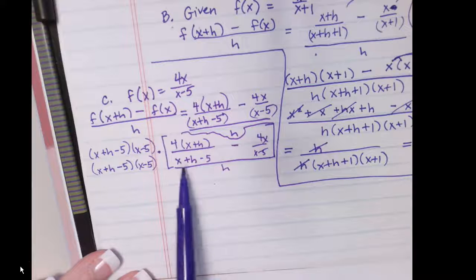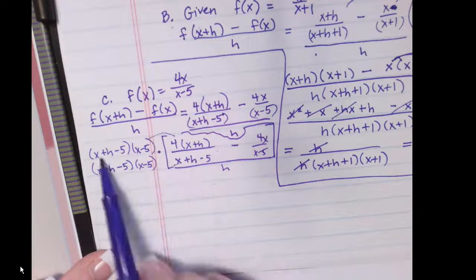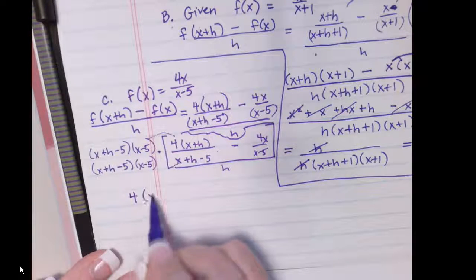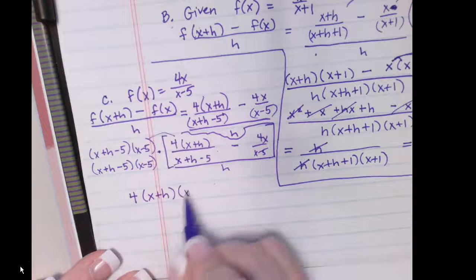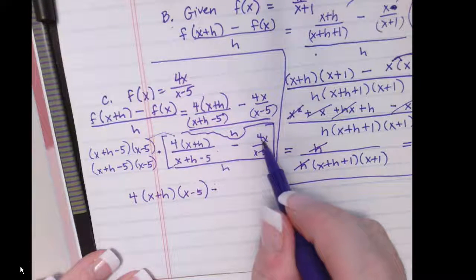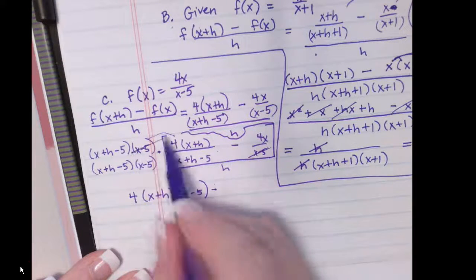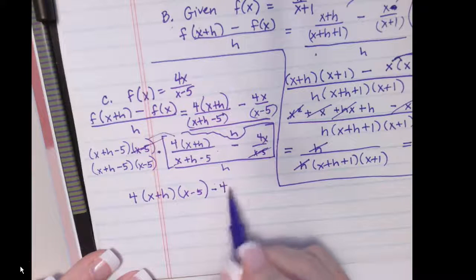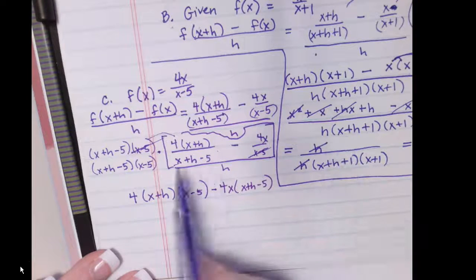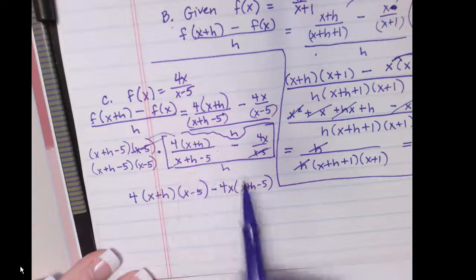When I multiply times my first term, my x plus h minus 5 is going to cancel out, and I get 4 times x plus h times x minus 5, minus, and then I've got 4x over x minus 5. That x minus 5 is going to cancel. So I get 4x times x plus h minus 5. And then the denominators both cancel out.